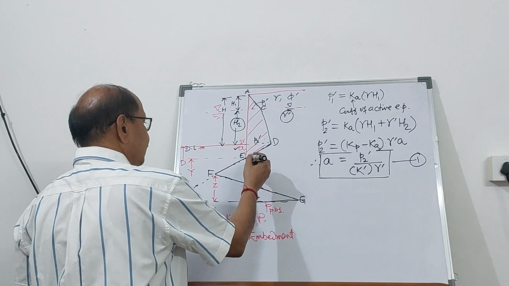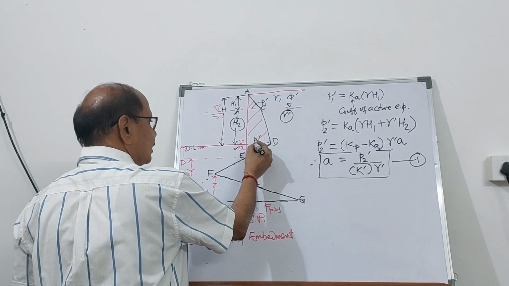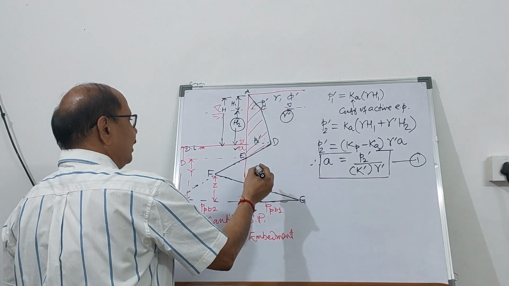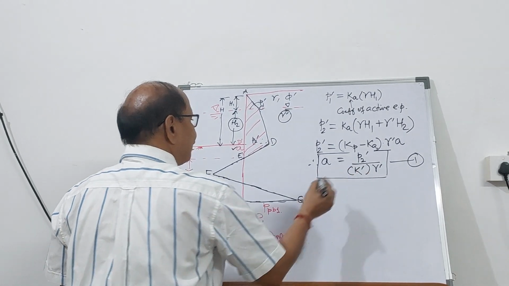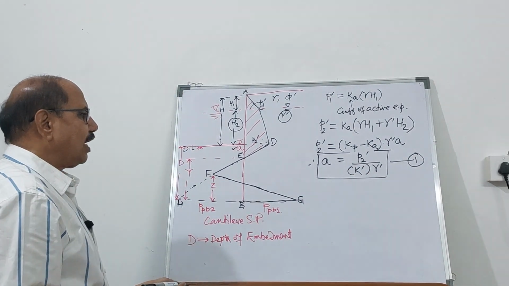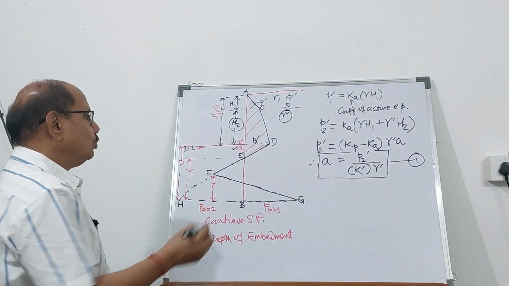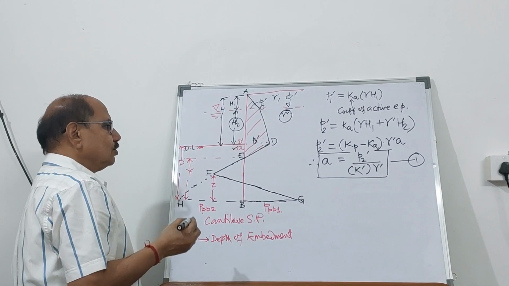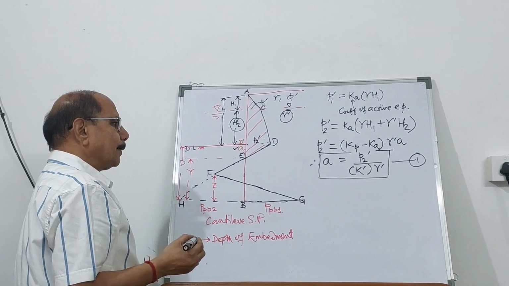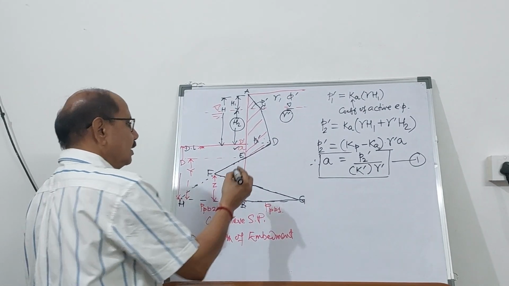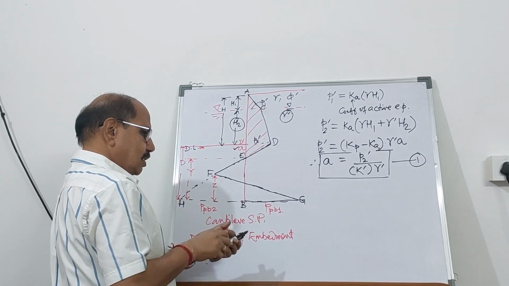Now for A, this is going to be K prime gamma prime into A. The slope you can find out for this.